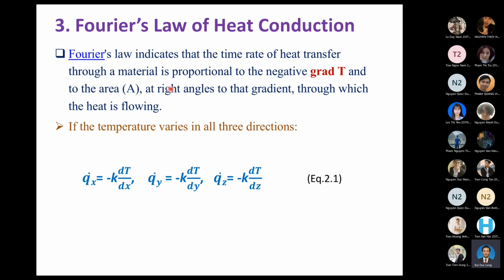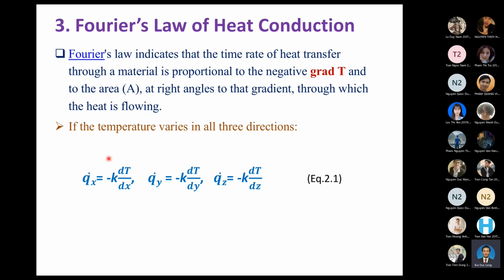Okay, so we go back to the Fourier law of heat conduction as I introduced. Now we will go into more detail about this law. Fourier law indicates that the time rate of heat transfer through a material is proportional to the negative temperature gradient and to the area through which heat is moving.